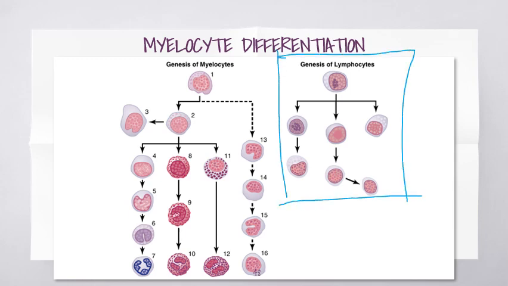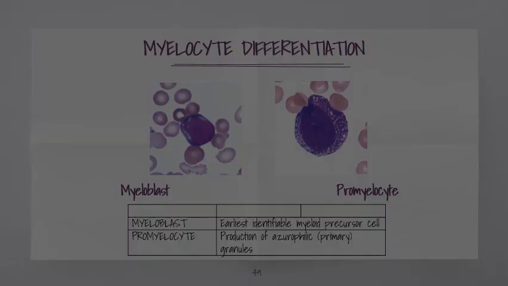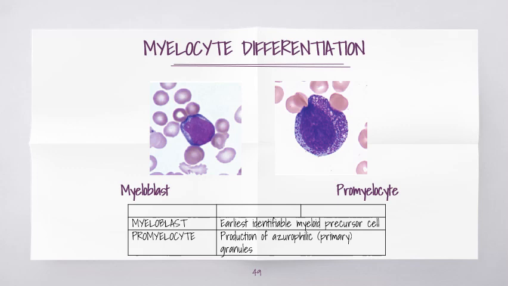Okay, so let's focus on the myelocyte. The earliest identifiable cell is the myeloblast. Myeloblasts are cells with a very large nucleus and very scanty cytoplasm. The second identifiable cell is now the promyelocyte.